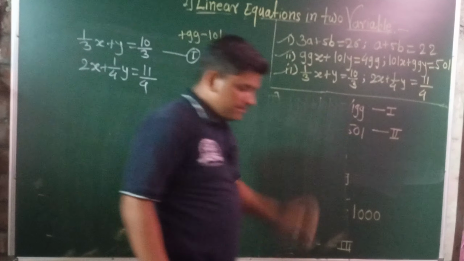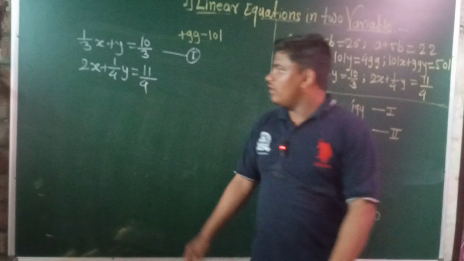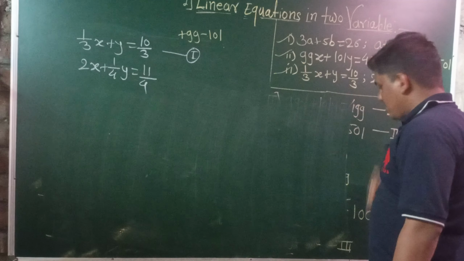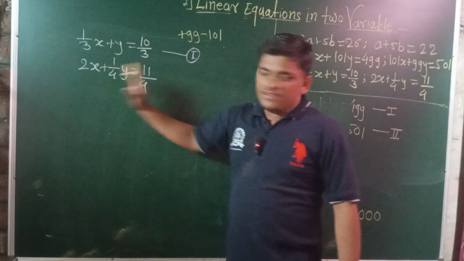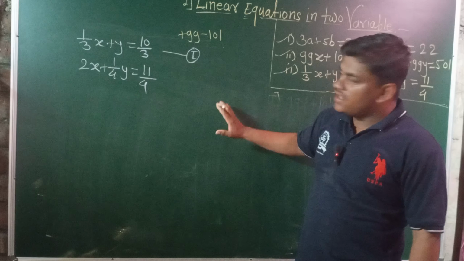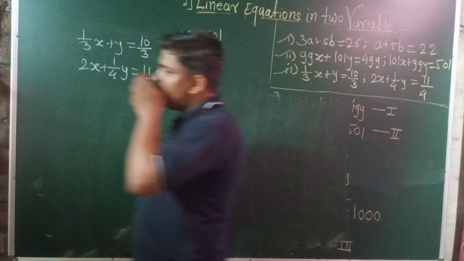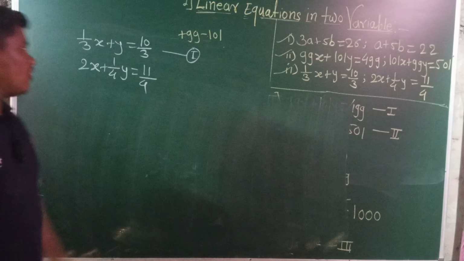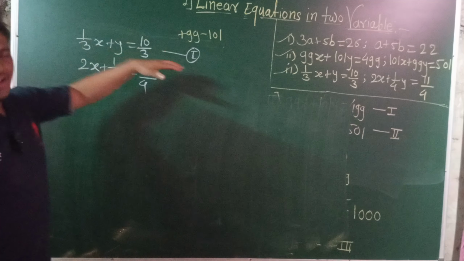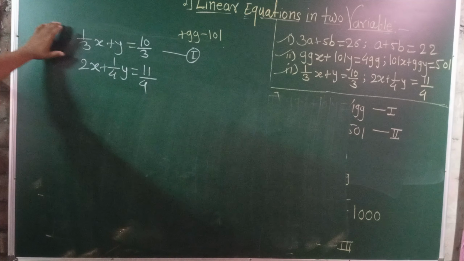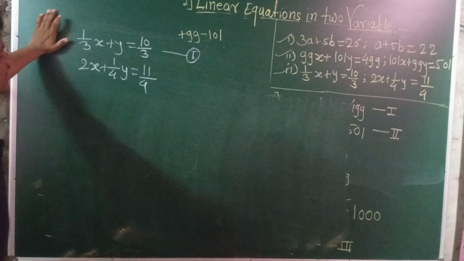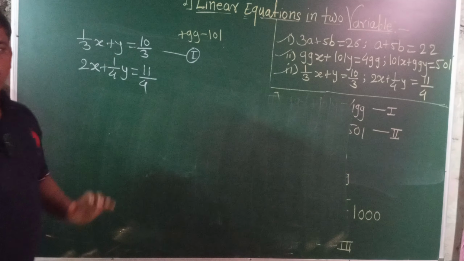What can we do to solve these properly? These equations are linear equations, but the coefficients of the variables and the constants are rational numbers, that is, values under division.